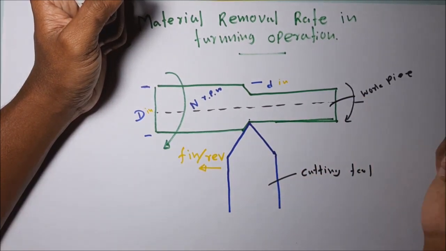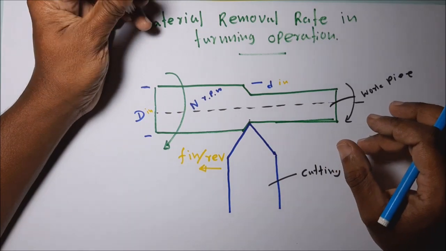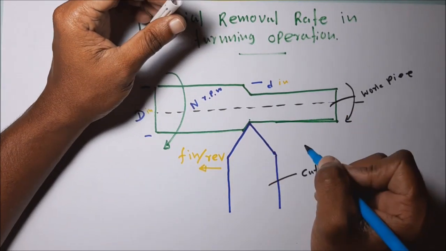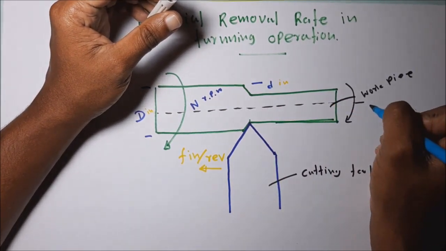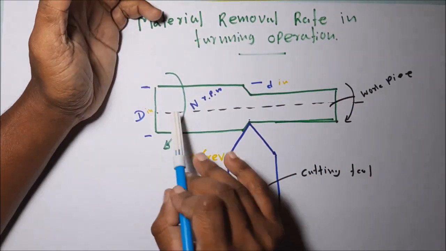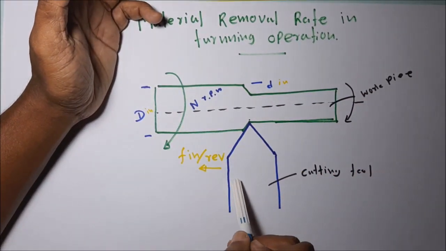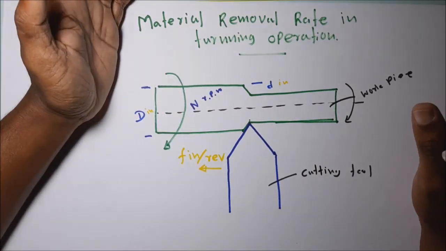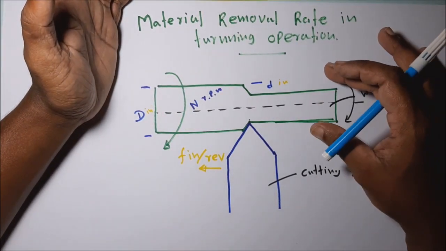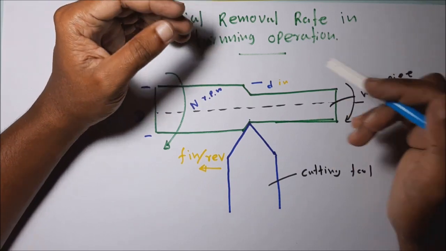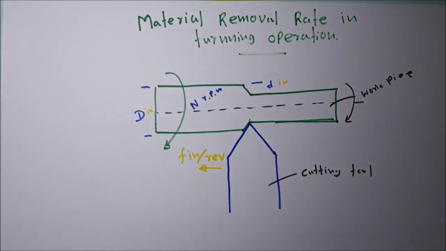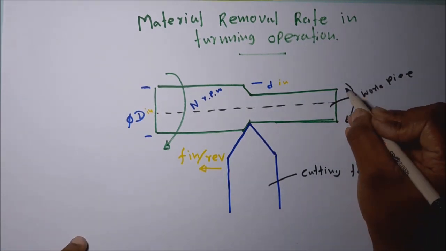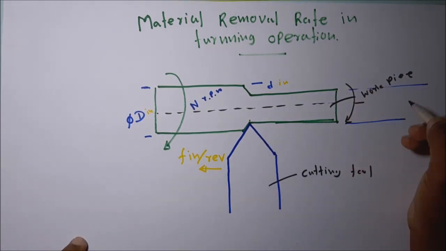In turning operation, the cutter feeds parallel to the rotating axis of the workpiece in order to reduce the diameter. This is D, the diameter. Then let's take the obtained diameter as D dash.